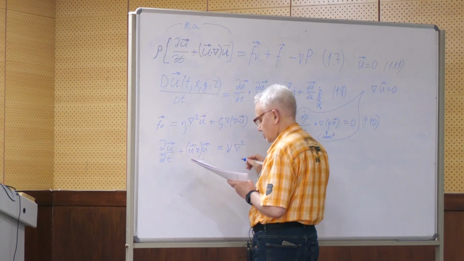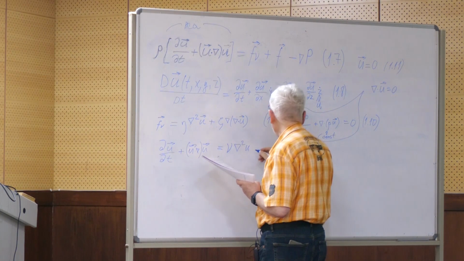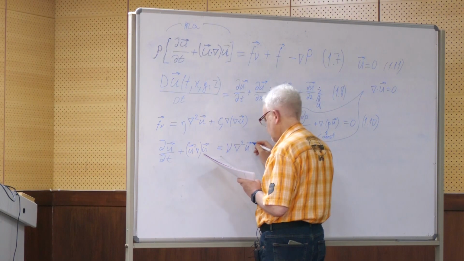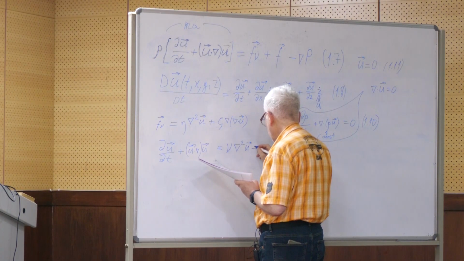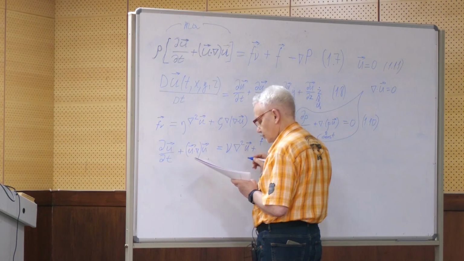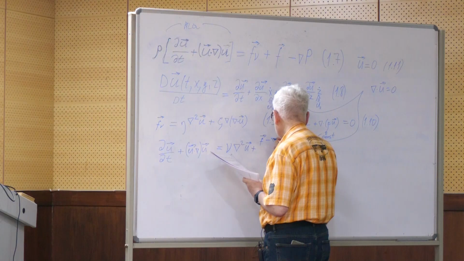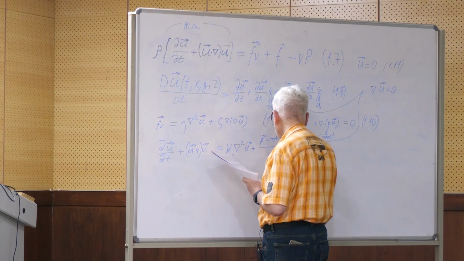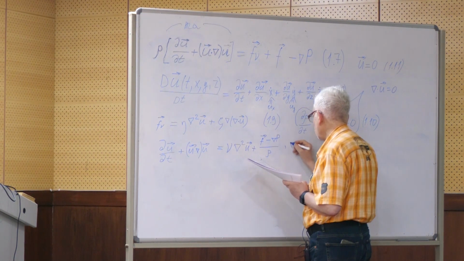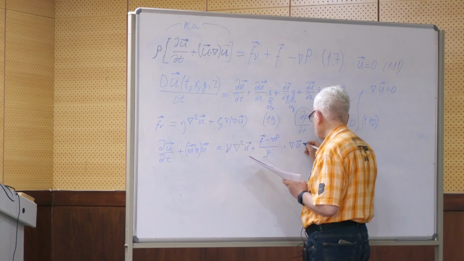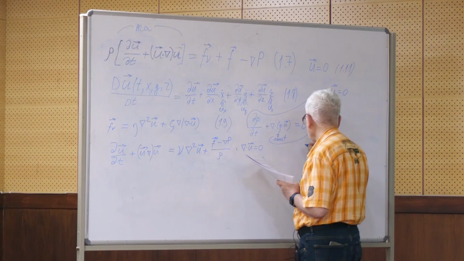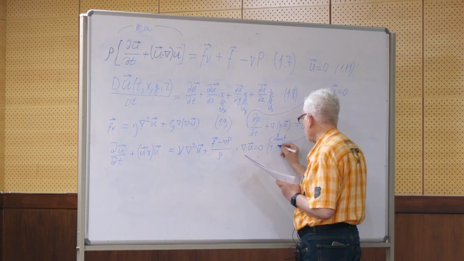The dynamical viscosity is omitted because the divergence is equal to naught. Then we have all other forces here, then minus gradient P, and we divide everything by the density. And there is still divergence of the velocity field equals 0. So this is equation 1.12.